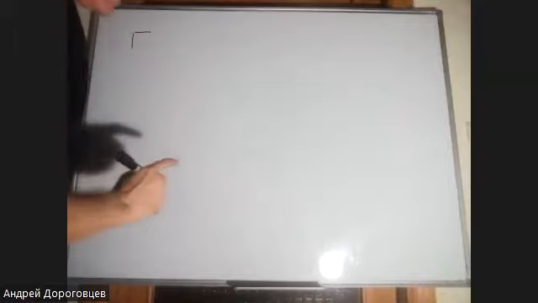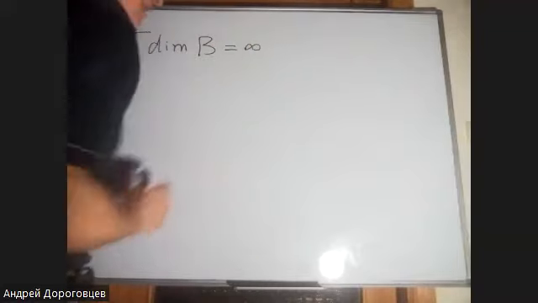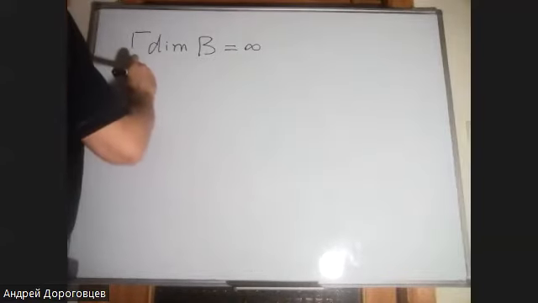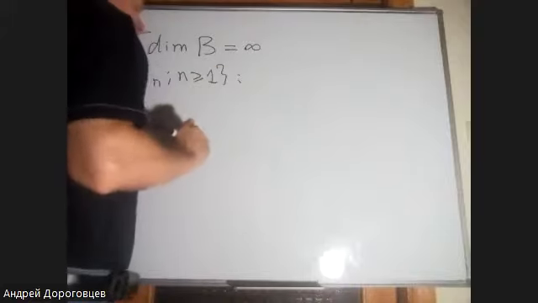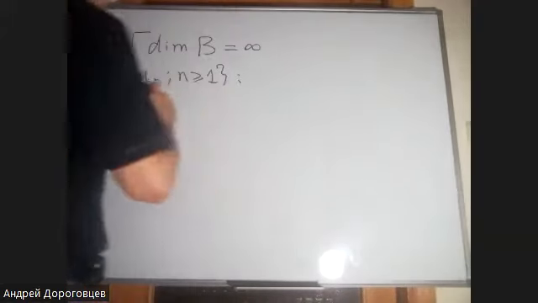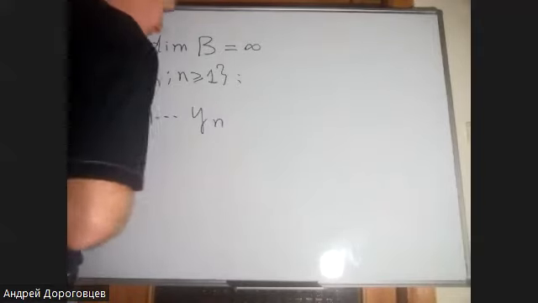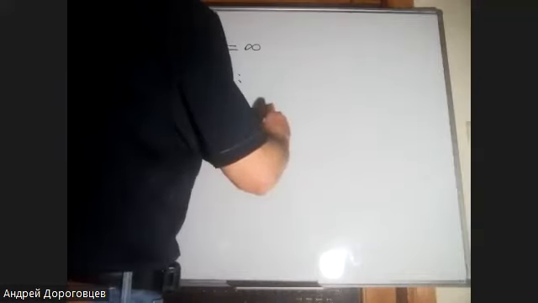So, what I'm doing, due to the fact that dimension B is equal to infinity, I can find the sequence yn of the elements of B such that any finite number of elements of this sequence are linearly independent.